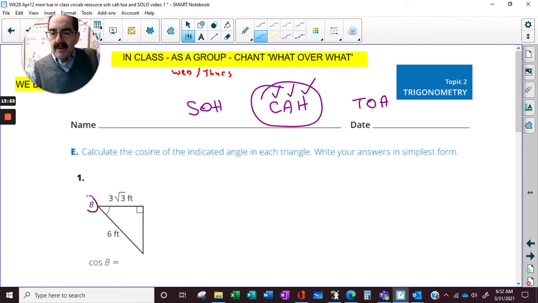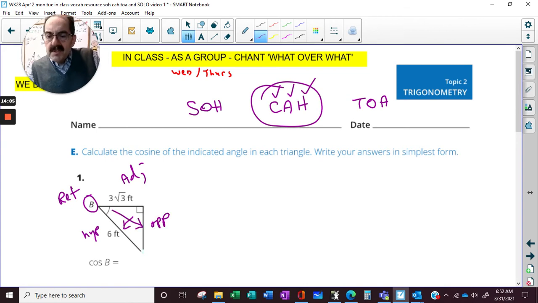So now we have our reference, we have our adjacent, across is the hypotenuse, because over here is the OPP. So the adjacent over the hypotenuse, the adjacent is 3 radical 3 over 6.